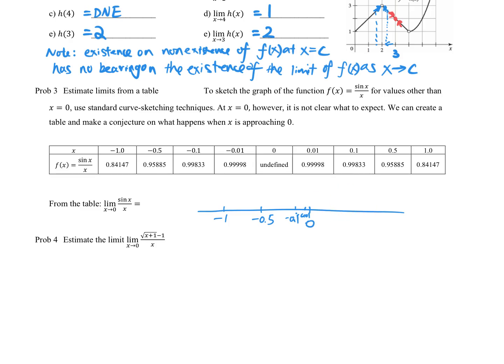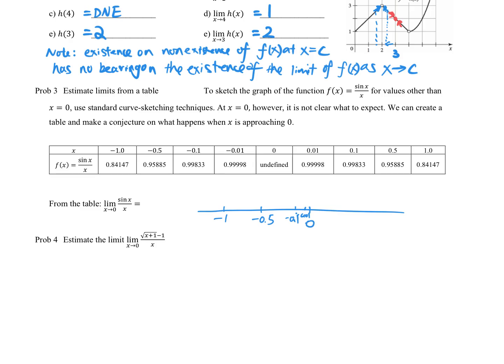Because this function is even: sin x is odd, x is odd, and the ratio of two odd functions is even. Therefore the y values are the same. When x is 1, it should be equal to the y value when x is negative 1, and so on and so forth. So those y values, when x is approaching 0 from the right, are also approaching 1. That's what we observe.